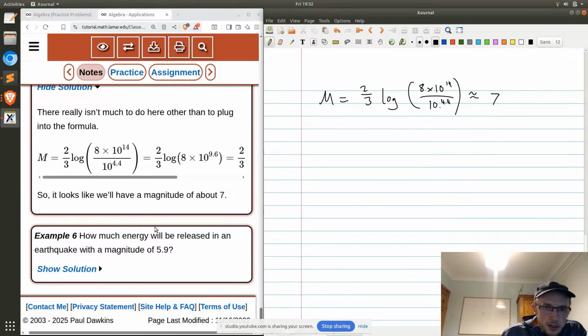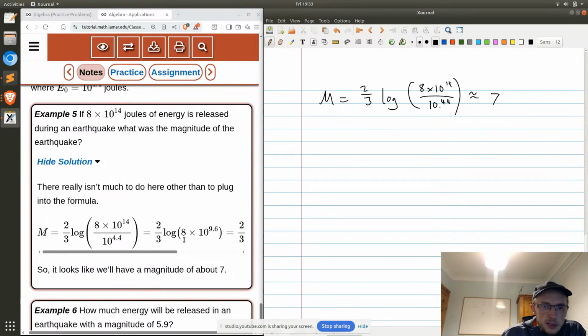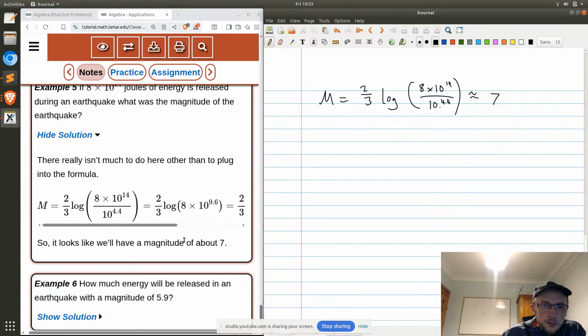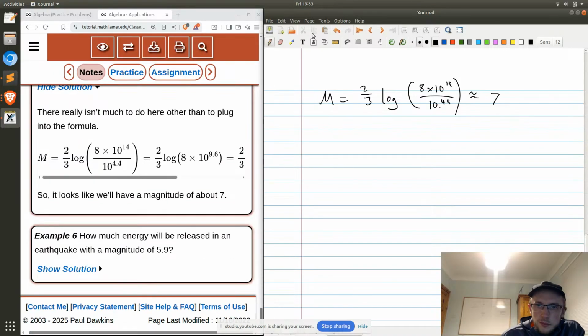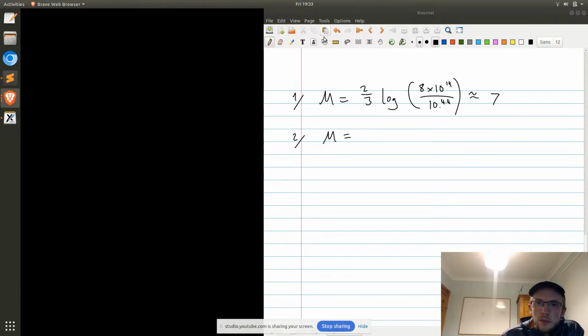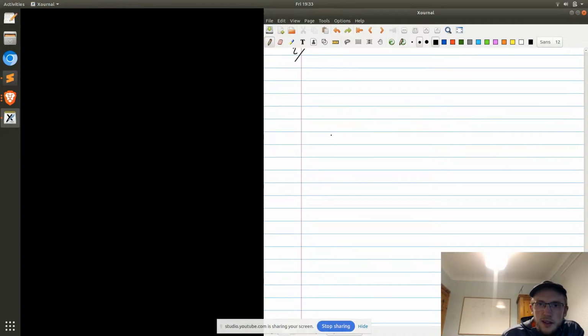How much energy will be released in an earthquake with a magnitude of 5.9? Let's compute. Wait. Let's see if I can do it without looking. Without looking? No, because it's right there. Okay, I wasn't looking.